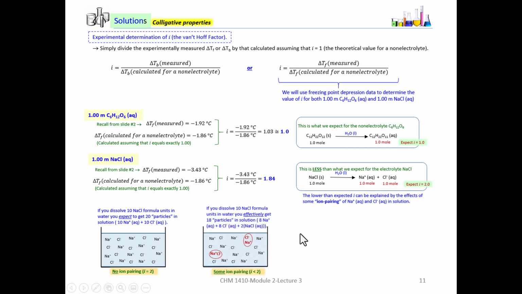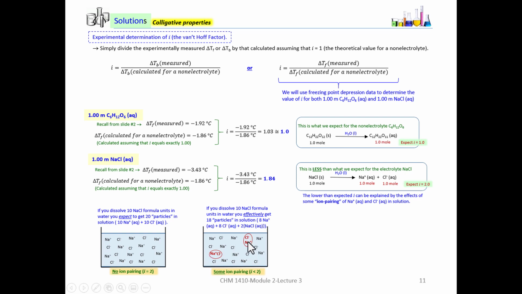Well, in reality, you don't effectively get 20 total particles. You effectively get about 18 total particles, because what happens is it's possible for sodium and chloride to ion pair in solution.